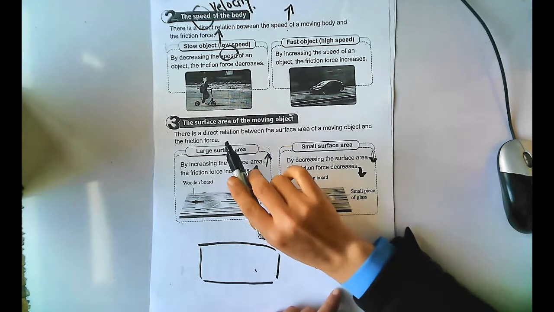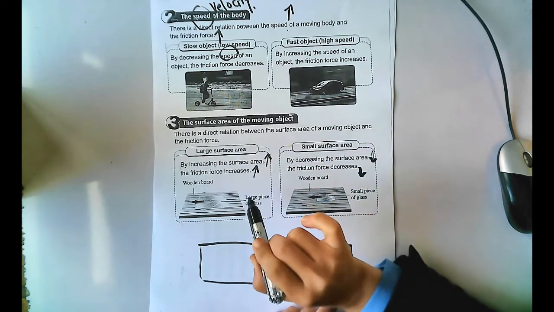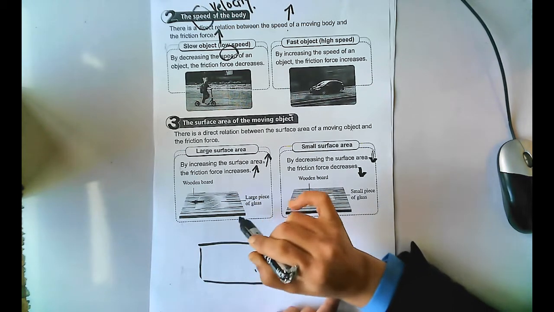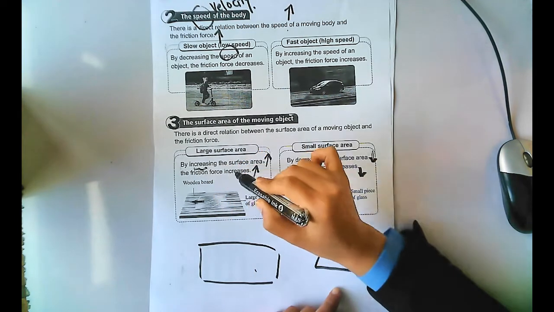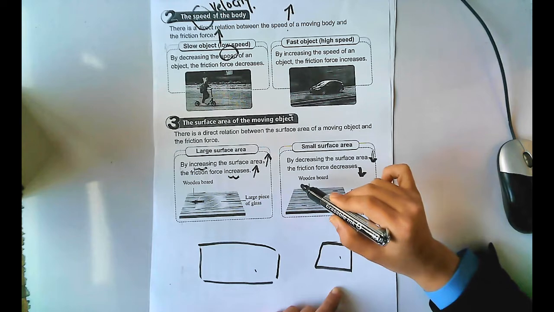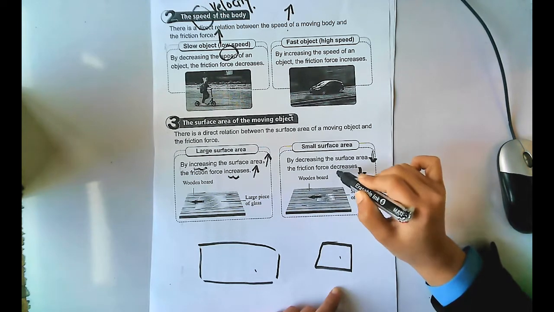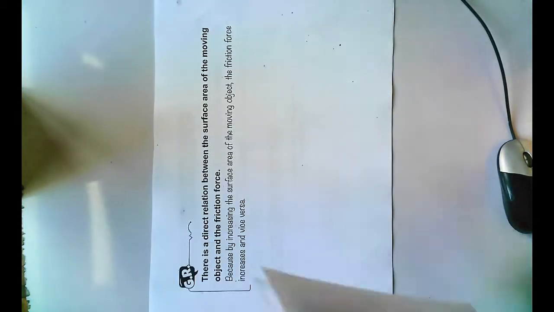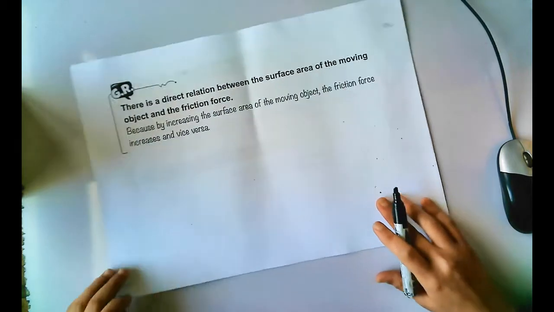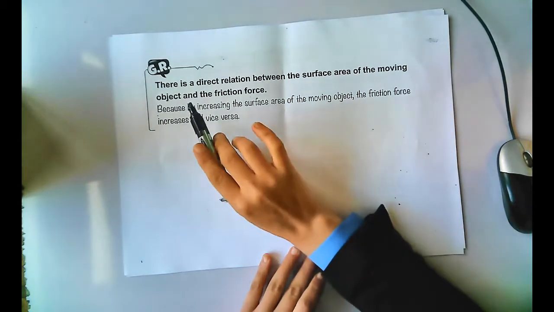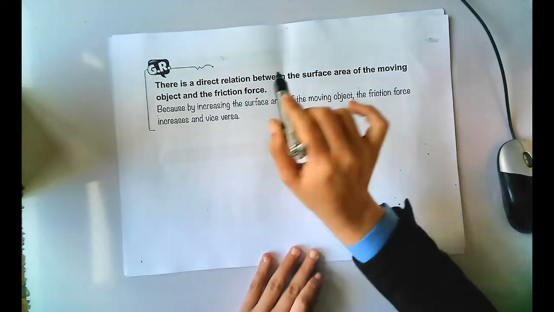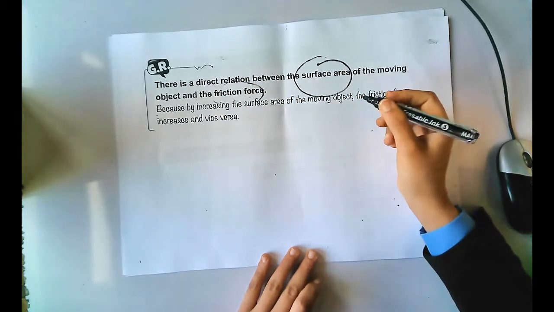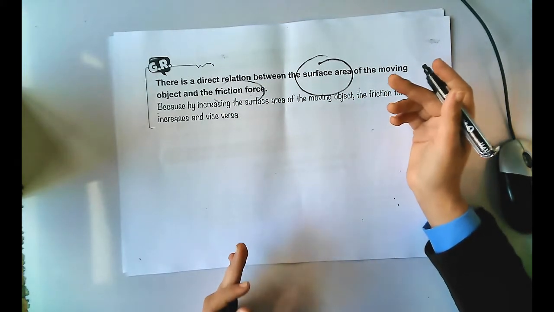Again, for the surface area of the moving object, if we have a large surface area, by increasing the surface area, the friction increases. If we have a decreased surface area, the friction force decreases. Now we're going to give the reason. There is a direct relationship between surface area and friction force. Sorry, I forgot to say what direct relationship means.